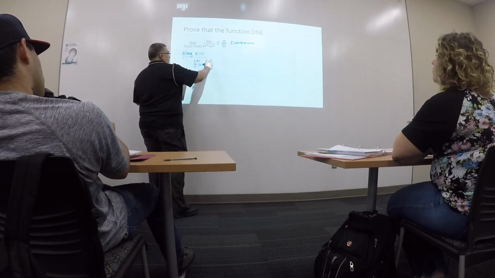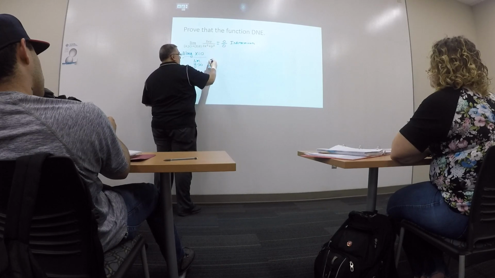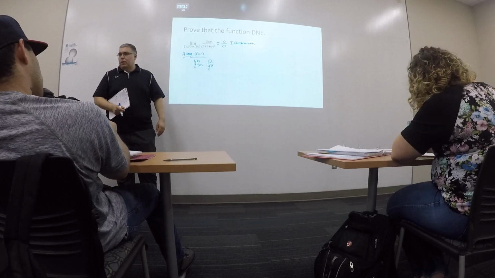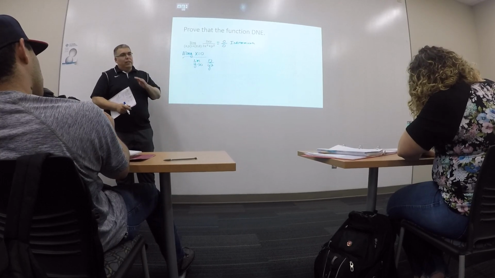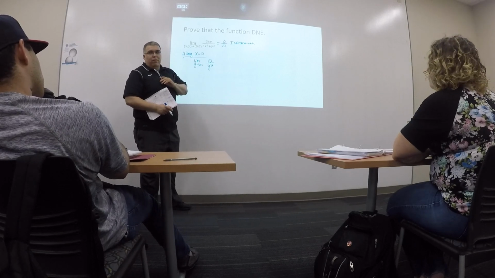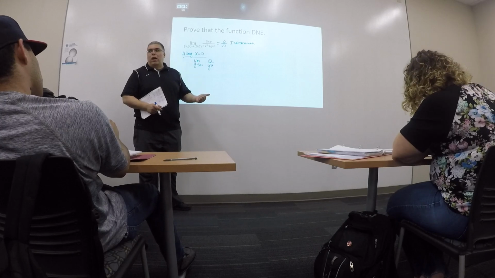I did a bad job there. If x is 0, then this whole thing's going to go to what? 0. Good job. Now, this is where you got to be real careful. If I mess this up in front of you guys, we could spend 30, 40 minutes on why you would do that.